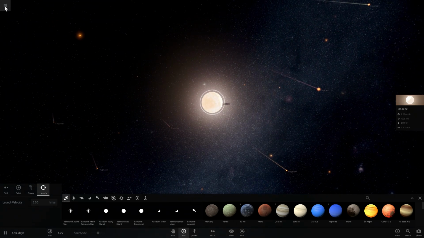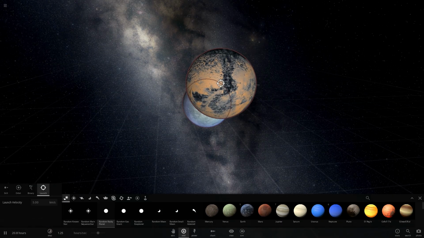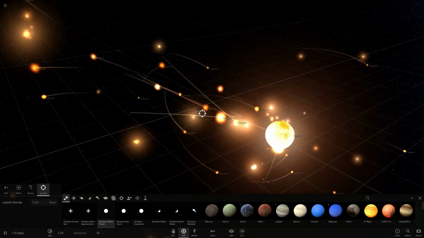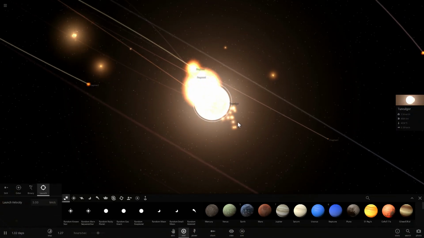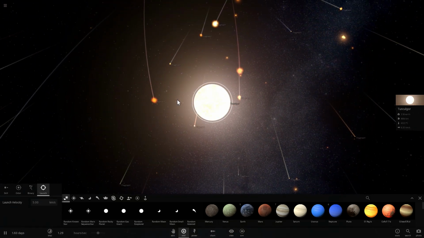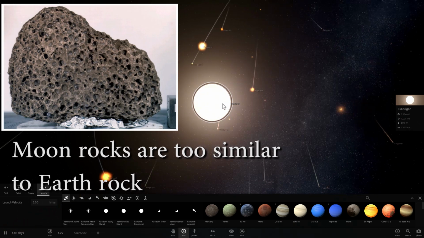Also, the moon rock samples that we brought from the Apollo missions indicate that at some point the Moon had a molten surface, and the age of that molten surface is very similar to the age of the molten surface of Earth. And the other thing about the samples is that they have a very similar oxygen composition to the rocks on Earth.